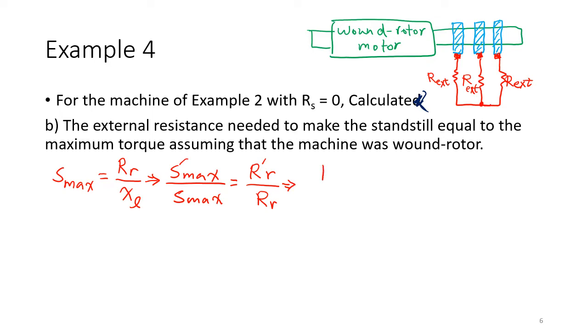We want S max to be equal to 1, but originally it was 0.273. In that case, RR was 0.3, but now we have added some external resistance to each phase. With a very simple calculation, at the end you will find that R external will be equal to 0.80.